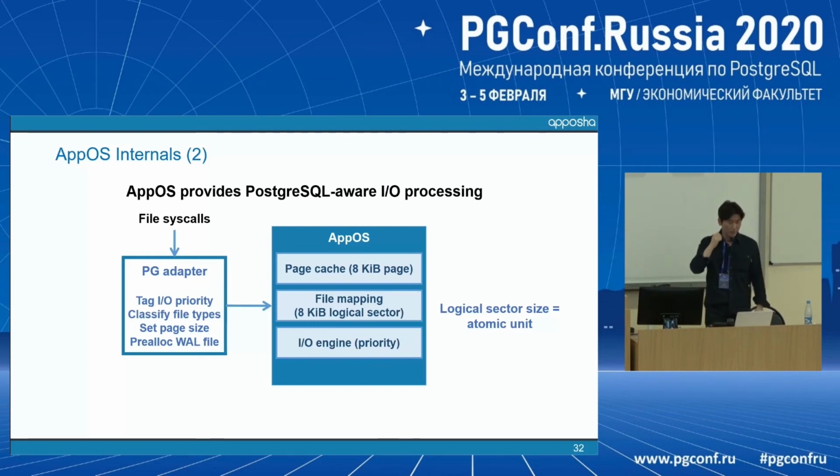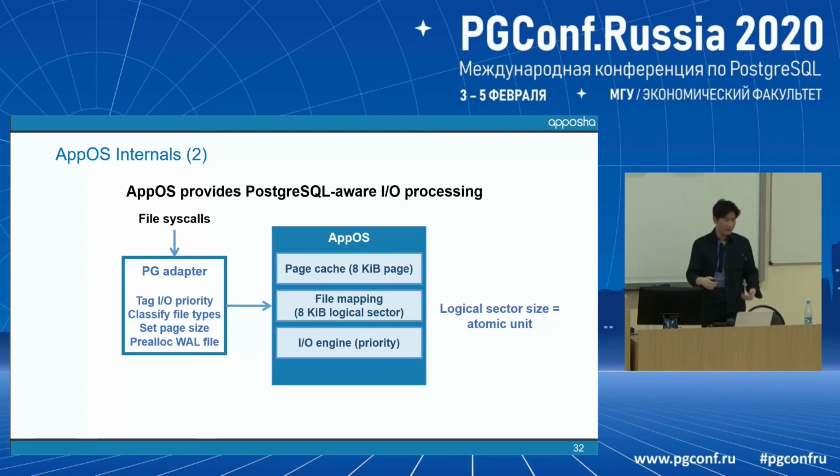Also, WAL write is really important for OLTP-style workloads. So we pre-allocate WAL files and maintain a WAL file pool, so when there is a high peak of writes, we can use the pre-allocated WAL files.